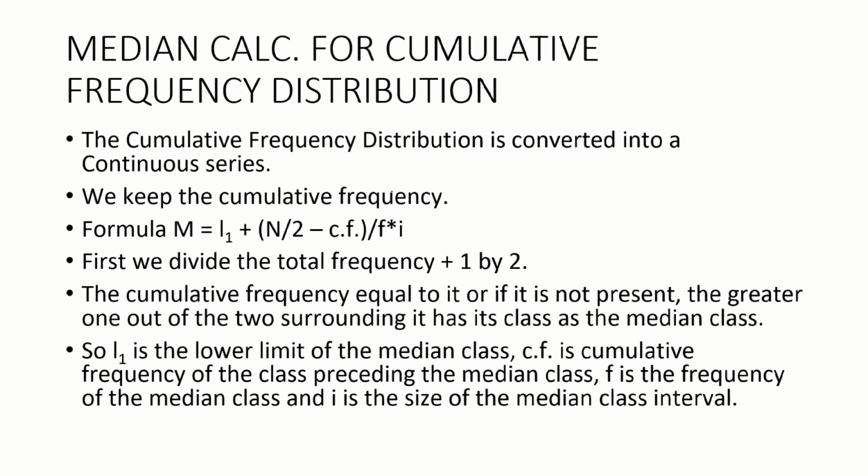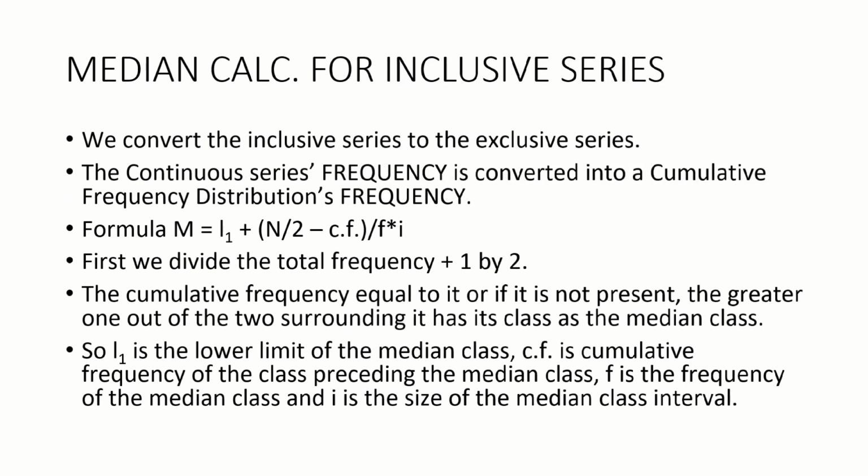Now for a cumulative frequency distribution, we convert it into a continuous series but keep the cumulative frequency and solve it with the same method. And for an inclusive series, we convert the inclusive series to an exclusive series, as I had explained in one of my videos in the statistics playlist. And then we solve it by entirely the same formula.